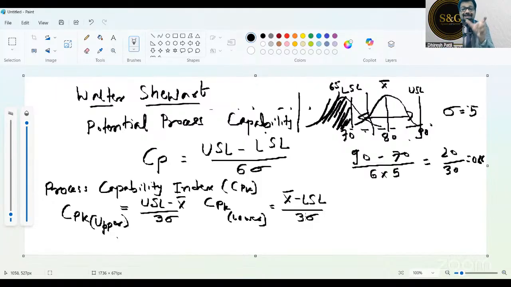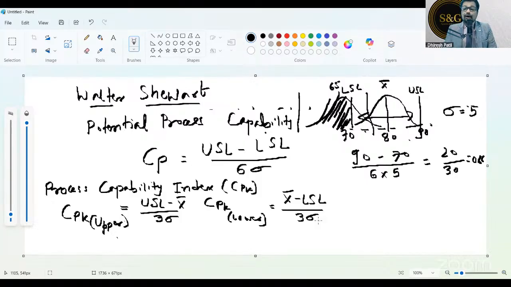And whichever is lower of these two values, that becomes your actual Cpk, process capability index. Are you understanding this? Just give me yes. Just make a note of this. We will take a practical case, the same example, and calculate now. Have you taken this down?